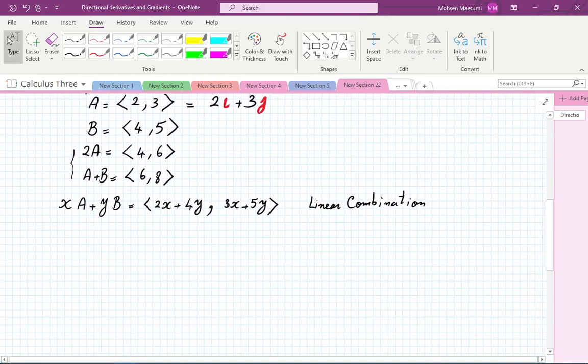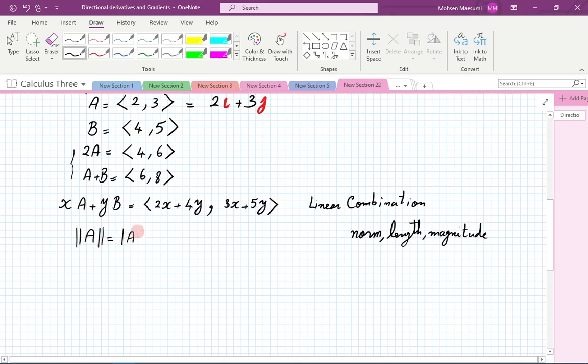Okay, next up is the concept of length or norm or magnitude. Mathematically it's called norm, sometimes it's called length, sometimes called magnitude. Again, your textbook uses double vertical bars, but that makes my writing here crowded and I think it's unnecessary. A single bar is just good enough. So what is this?